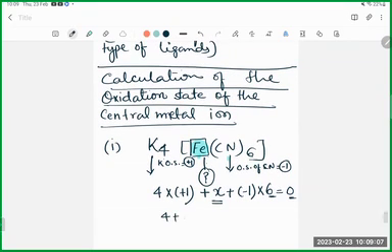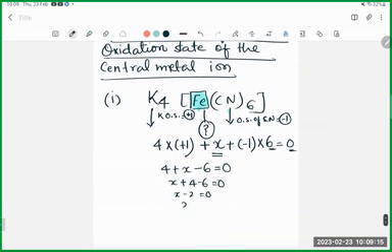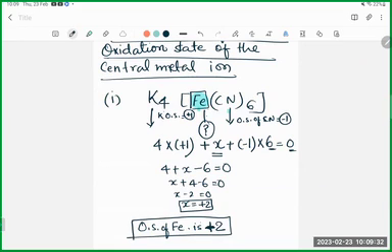So 4 plus x minus 6 equals 0. Right? x minus 2 equals 0. So what is x equal to over here? +2. Did you understand? What is the iron oxidation state? It is +2. Are you clear? Yes, ma'am.